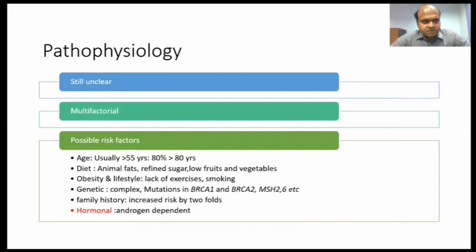Now I will talk about the pathophysiology of prostate cancer. Prostate cancer is a multifactorial disease like other cancers. The exact pathophysiology is not clear. But the possible risk factors which have been described in context of prostate cancer include age, certain dietary factors, certain lifestyle factors, and a few genetic factors.